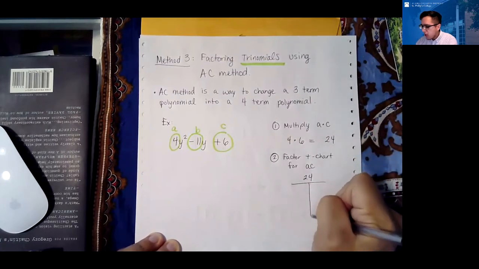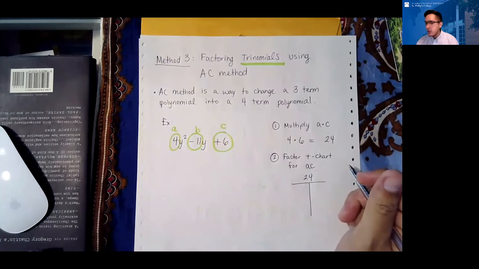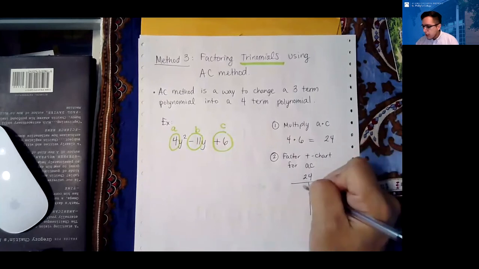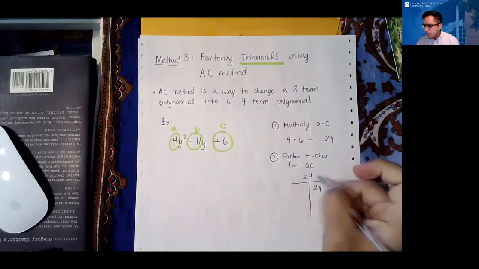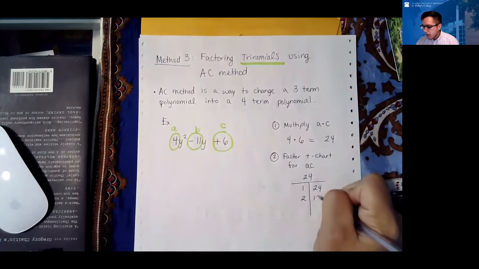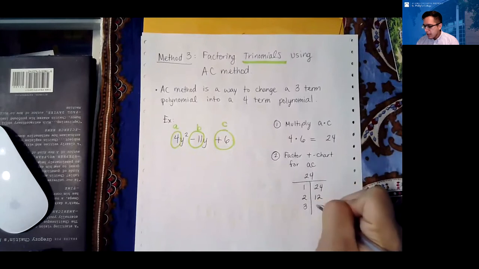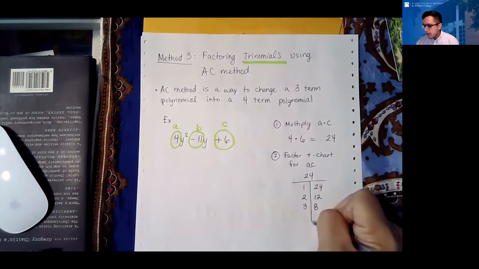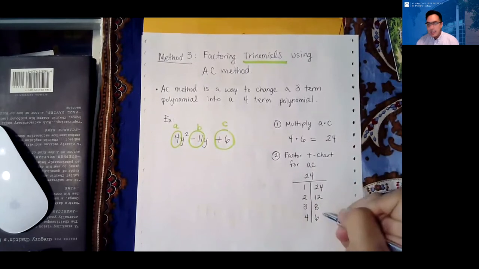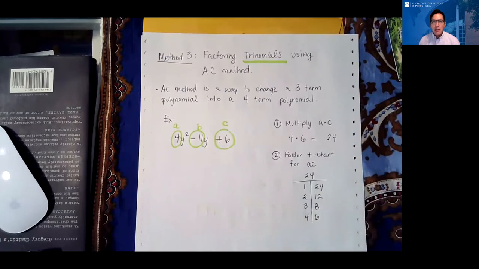If we think about all of the pairs of numbers that multiply to make 24, we can think of 1 times 24, 2 times 12, 3 times 8, and 4 times 6. 5 doesn't work, and then we're back at 6.